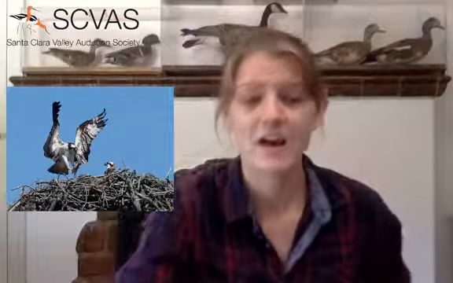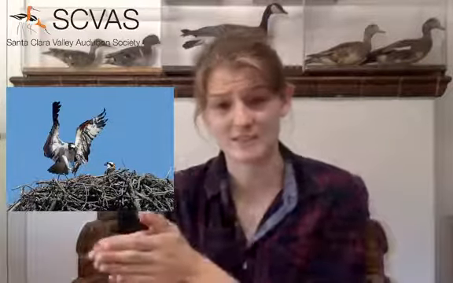And what's actually interesting about these guys is, unlike many of our birds, the osprey eggs do not all hatch at the same time. They'll have their first laid egg hatch, and then a couple of days later, the rest of the eggs will begin to hatch. And what that does is it allows them a safety net in terms of reproductive success.